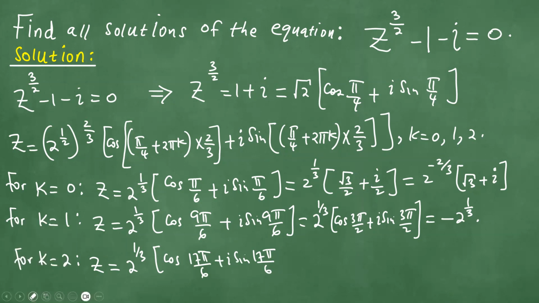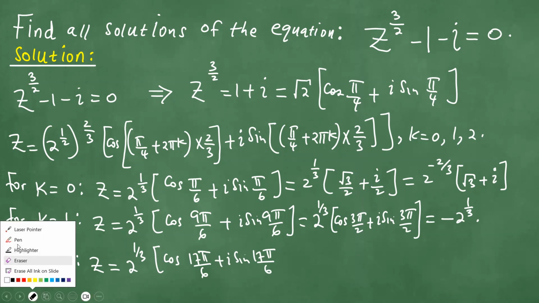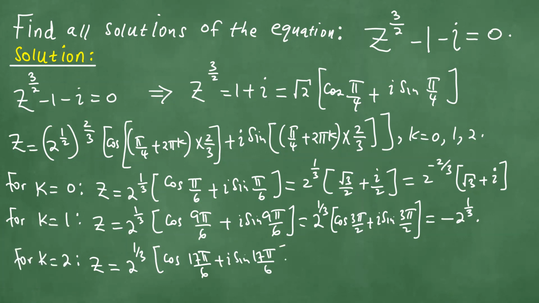And what we're then getting out of this is pretty interesting, because this is exactly the same as 2 to the power 1 over 3 times minus the square root of 3 over 2 plus i over 2.